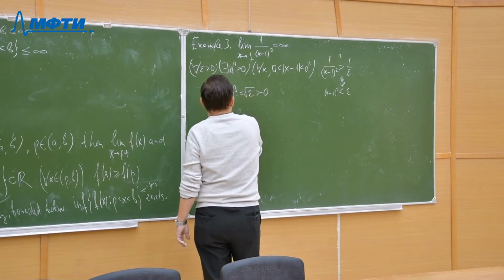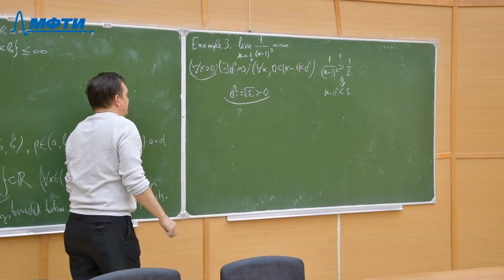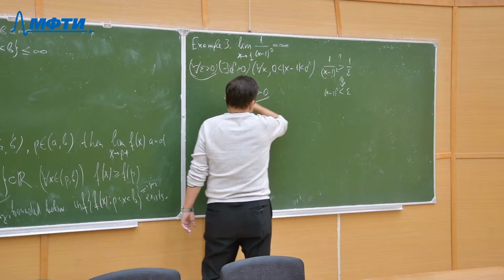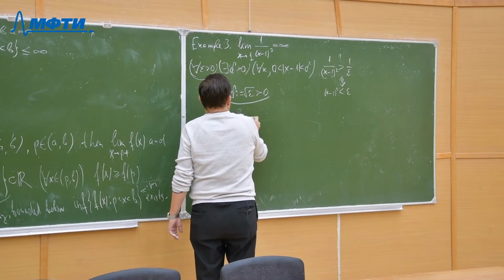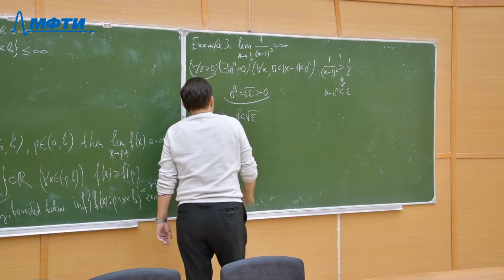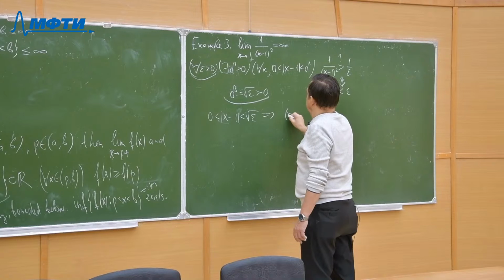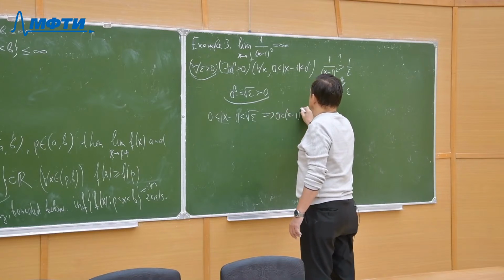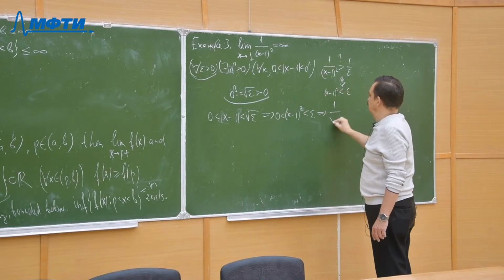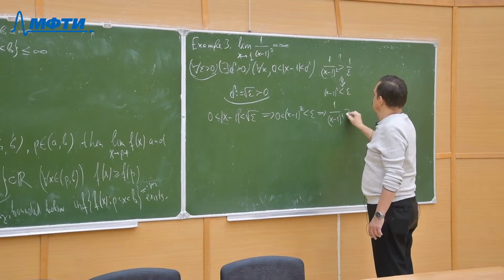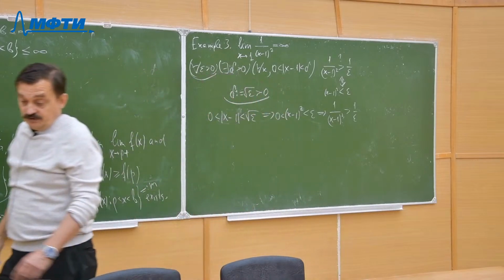So for arbitrary epsilon, we choose this value of delta. Then for all x which satisfy |x minus 1| less than square root of epsilon, we have (x minus 1) squared, which is positive, less than epsilon, and it follows that 1 over (x minus 1) squared is greater than 1 over epsilon. That's what we wanted to prove.